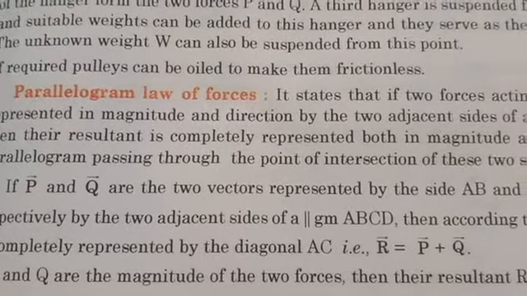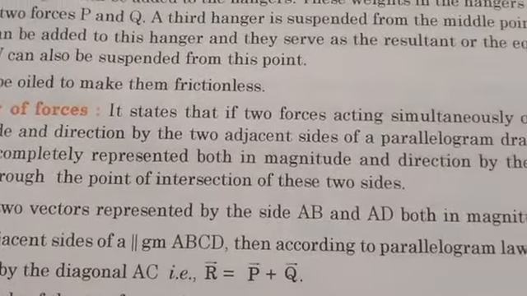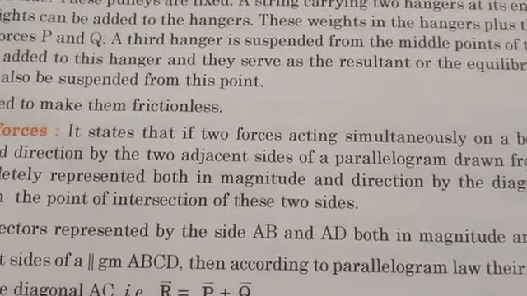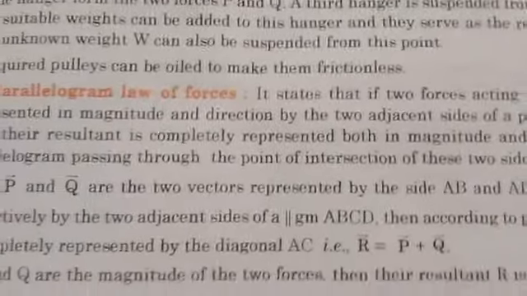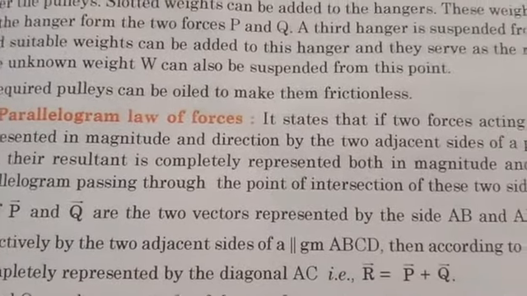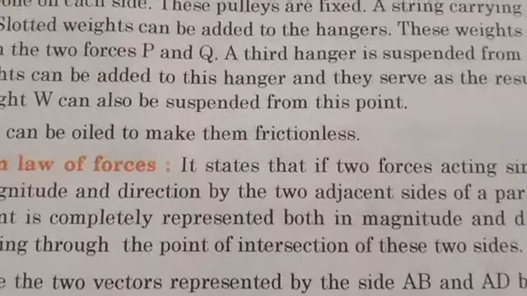Then the resultant is completely represented in both magnitude and direction by the diagonal of the parallelogram passing through the point of intersection of the two sides.